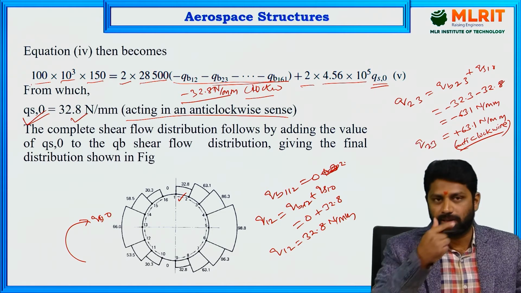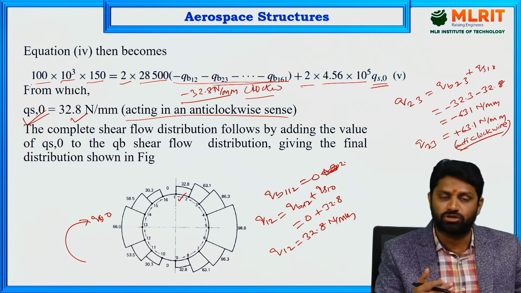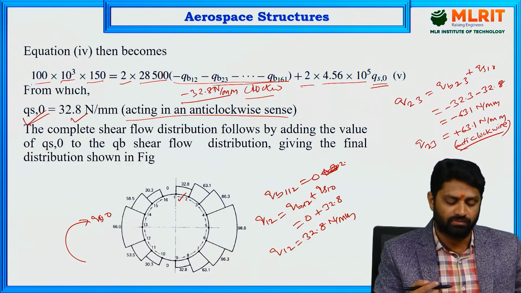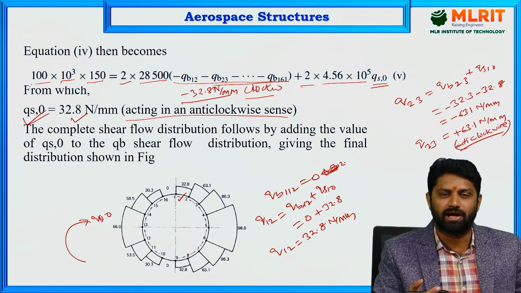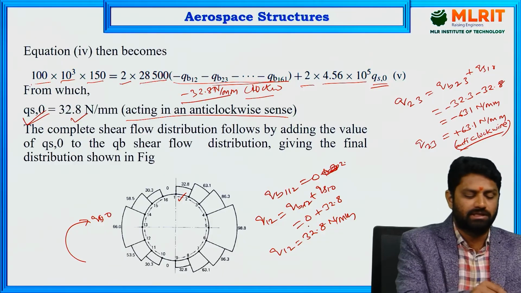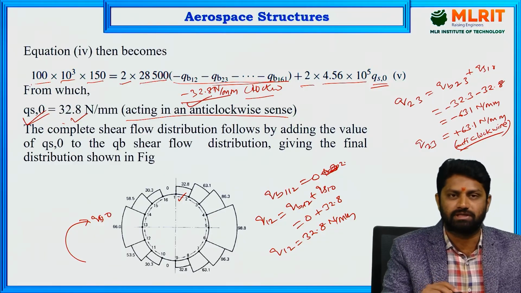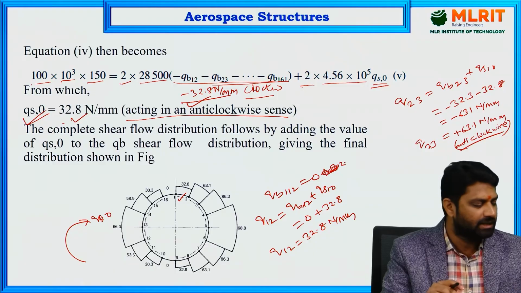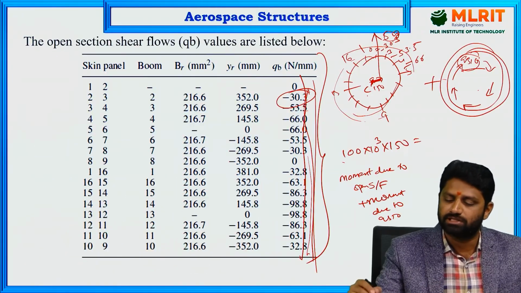So like that, all the shear flows should be modified. For all the QB values you have to add the QS naught we got from this equation, minus 32.8 in the clockwise sense, or you superimpose directly. We have drawn two diagrams, right? This is what we got.